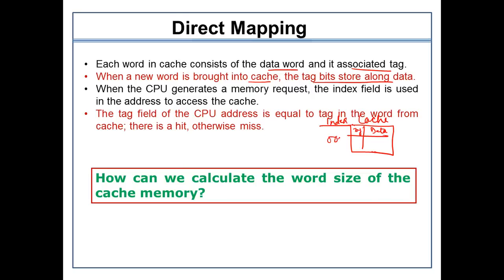It means the data is stored like this, and some data is present here, and so on and so forth. Okay, so the CPU generates the memory address request, and the index field is used to address, to access the cache.